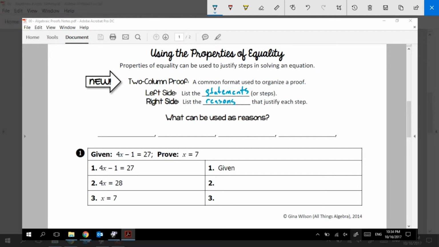So how did you go from one step to the next? And what can you use as reasons? You can use theorems. You can use postulates. You can use properties, like we've just learned. And you can use definitions.